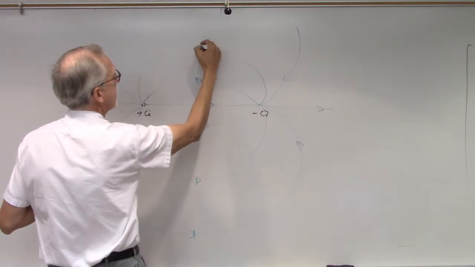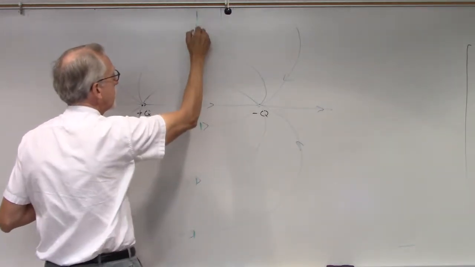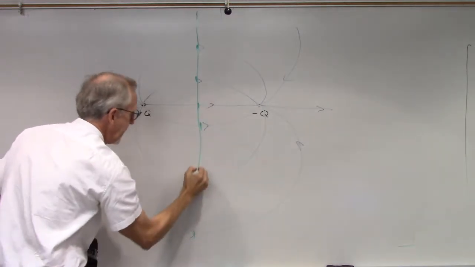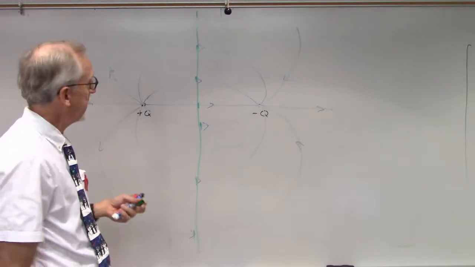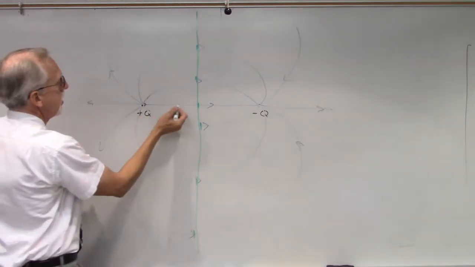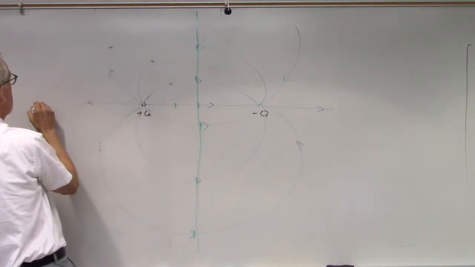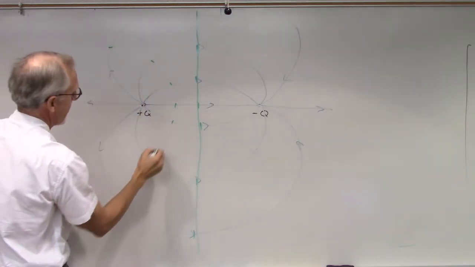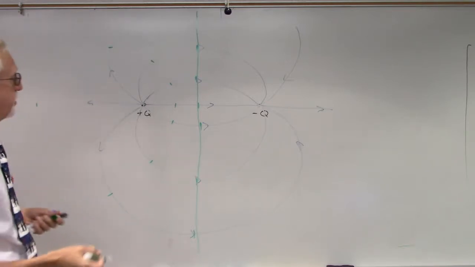So a perpendicular line will always be straight up and down. I'll draw in little perpendicular lines to every electric field line, and then we'll connect those up, and there is an equipotential line. It goes straight up and down through the middle. Next to that, we might draw in some little perpendicular lines, granted, I'm putting these in knowing a little bit what they're supposed to look like.